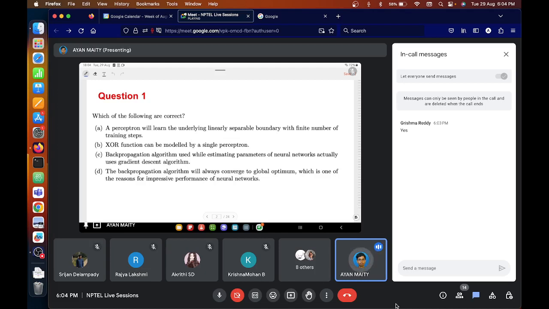So you can write your answers in the chat. Shankar Lal is saying A and C. Okay.